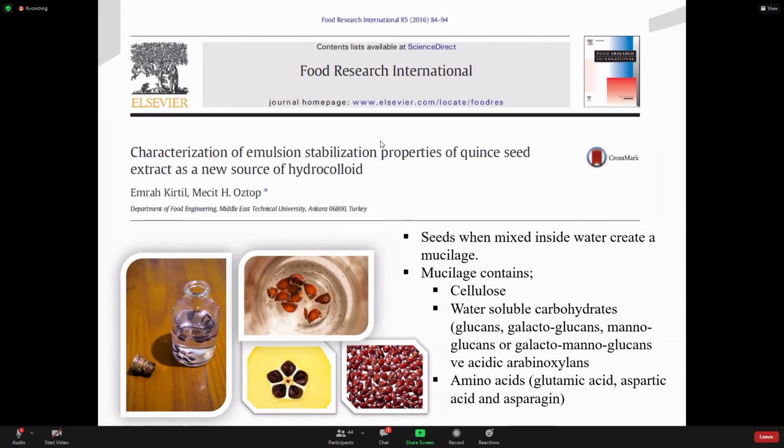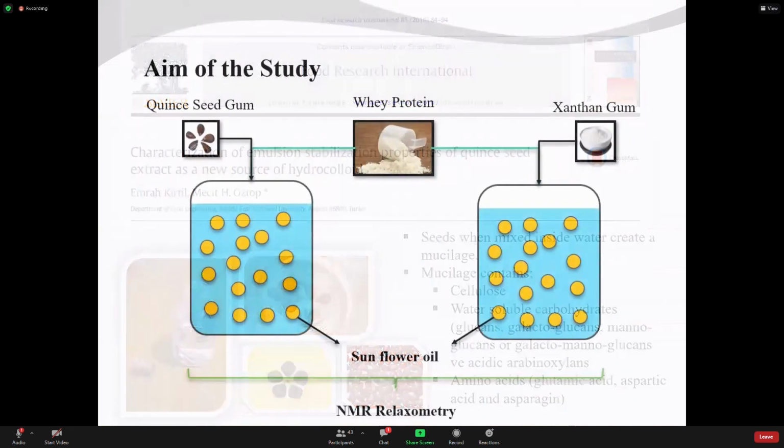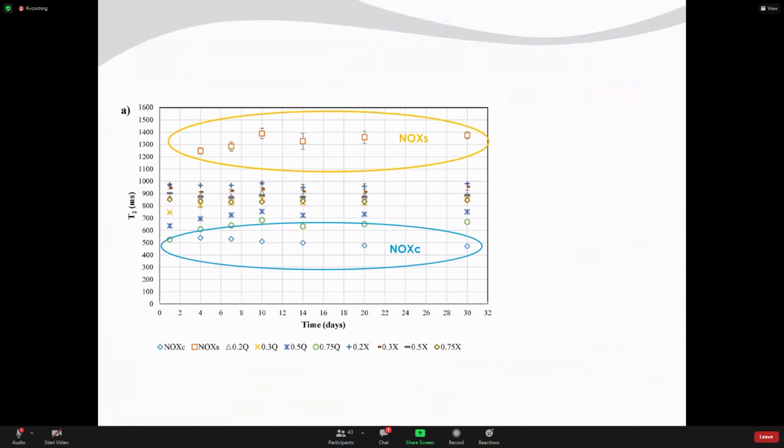By using NMR relaxometry, it was possible to show whether a hydrocolloid can act as an emulsifier or not, because when a hydrocolloid is adsorbed onto the oil droplet surface, its relaxation behavior changes. Thus, we can get indirect information that this hydrocolloid has the potential to act as an emulsifier.